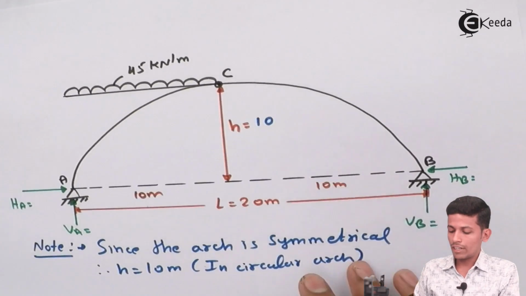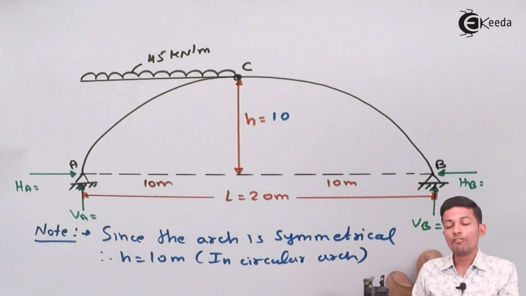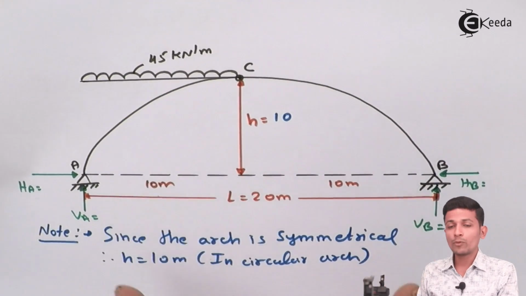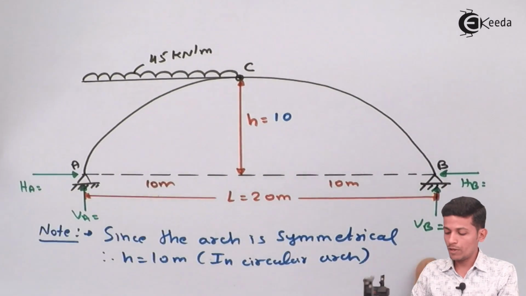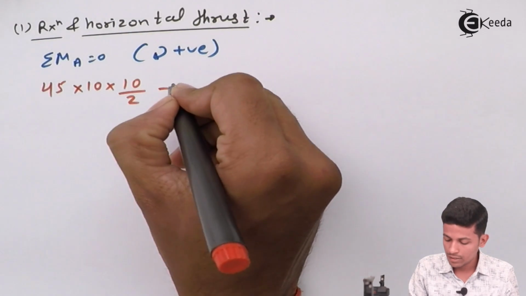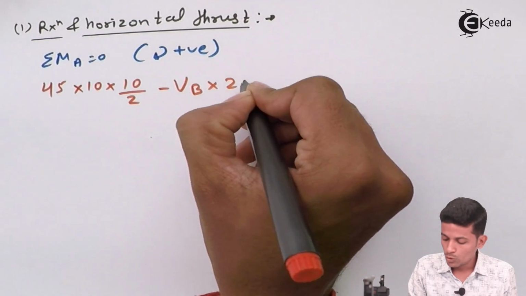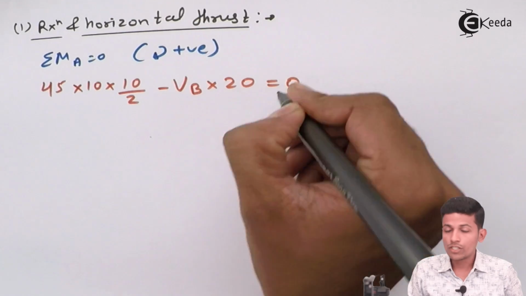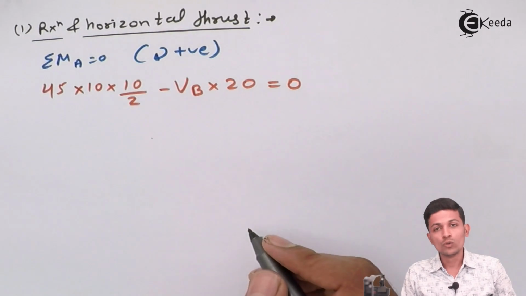After that, VB is only there, so VB into this distance, which is 20, because we are finding moment at A. So 45 into 10 into 10 by 2 minus VB into 20 equal to 0.